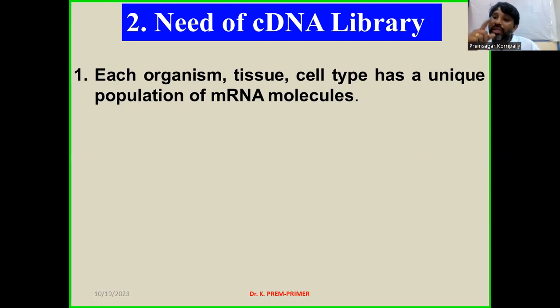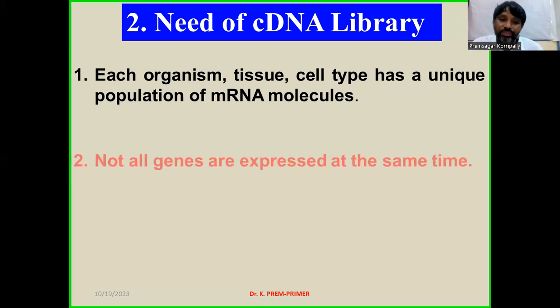But the problem is, mRNA is not at all stable. You can't clone it. You can't amplify it. We have to convert it to a stable form, that's cDNA. Once you convert it into the cDNA of a particular condition and clone it, and you get positive recombinant clones, that is called a cDNA library.